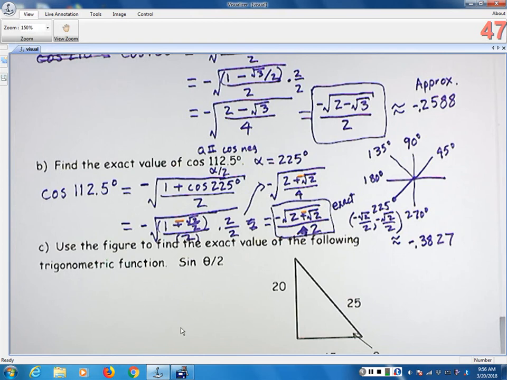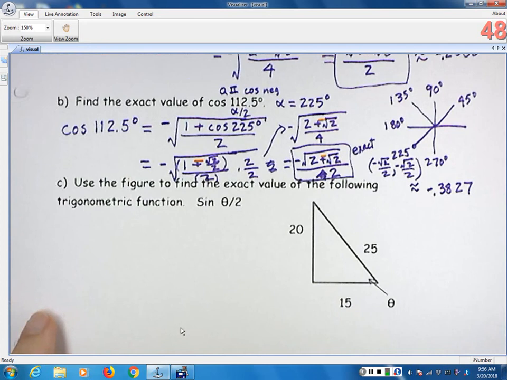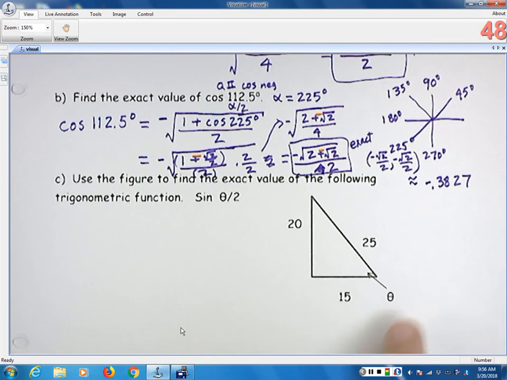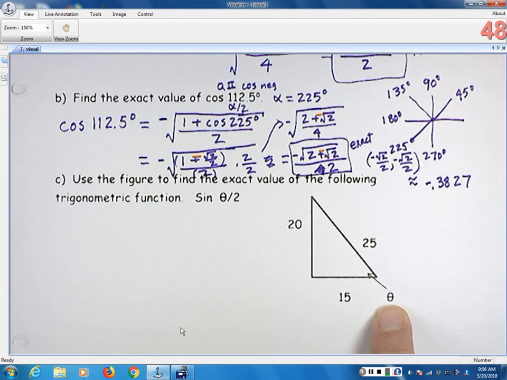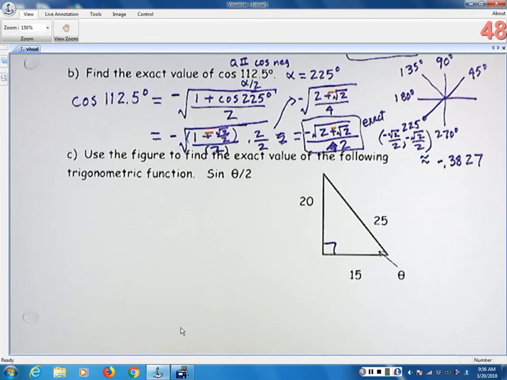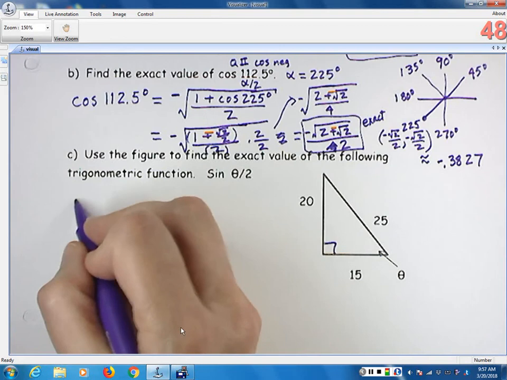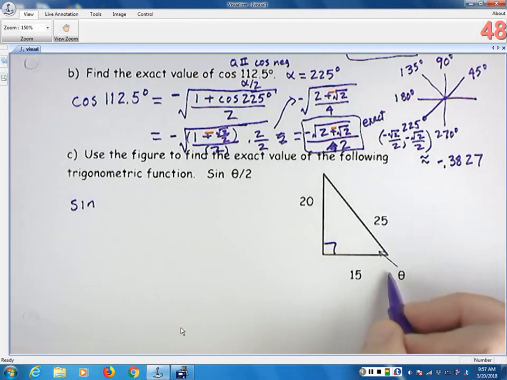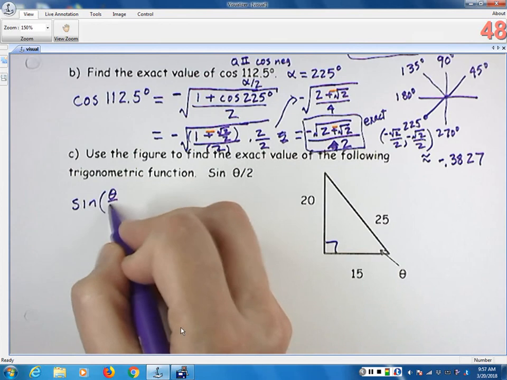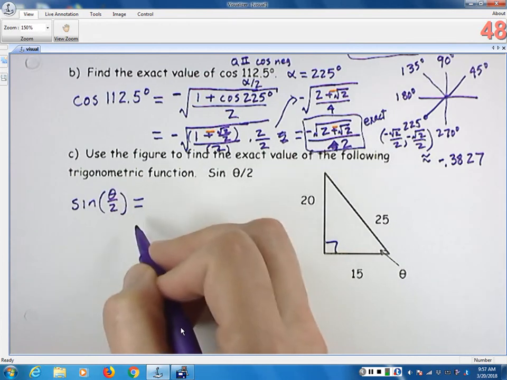All right, and then we're going to use a figure to find the exact value of the following trig function. So here's theta. This is a right angle. So sine, we don't even know what the degree of theta is, but we don't need it. Sine of theta divided by 2.